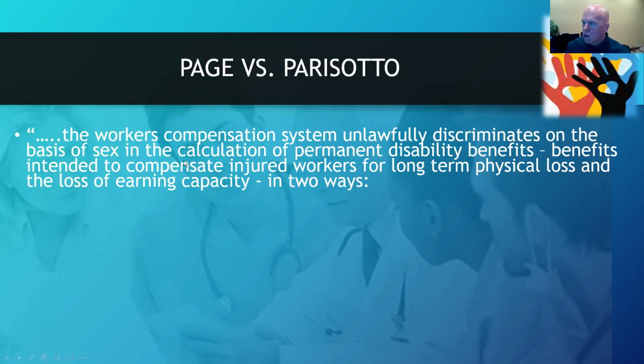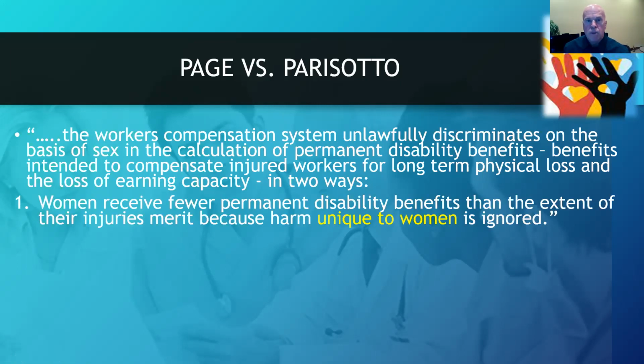So they're talking about inaccurate benefits, and they cite two main ways that the system discriminates against women. They said, number one, women receive fewer permanent disability benefits than the extent of their injuries merit because the harm that's unique to women is ignored. Harm unique to women, mostly by male evaluators, correct? Most qualified medical evaluators, in fact, in some specialties, 97% of evaluators are male.